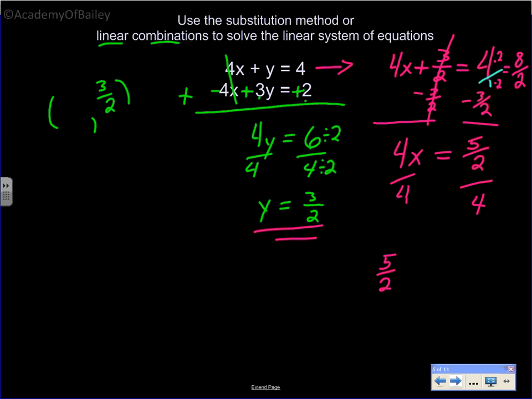But really what you're doing is you're multiplying. What's the reciprocal of 4 over 1? It's 1 over 4. So go ahead and multiply those numbers out. Top numbers multiplied give you 5, and the bottom two numbers, 2 times 4, will give you 8. So really we have x is equal to 5 over 8.